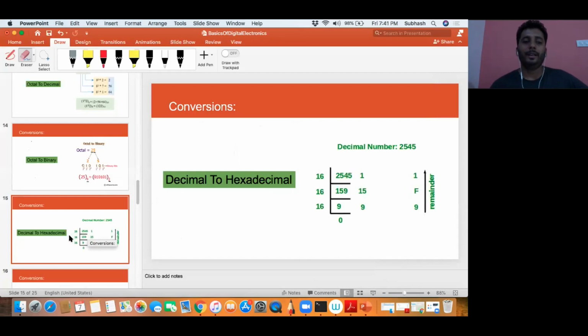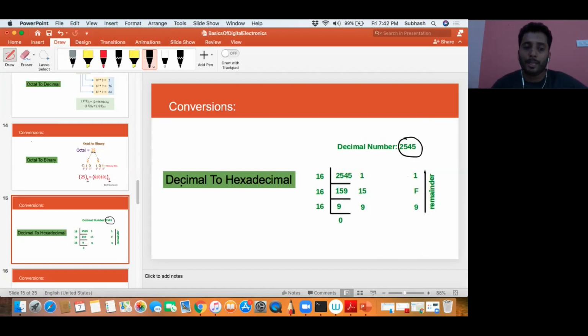In the slide, the question is, how do I convert a decimal number to a hexadecimal number? So we have a decimal number 2545, and I have to convert this into hexadecimal format. How did we convert decimal to octal or decimal to binary?